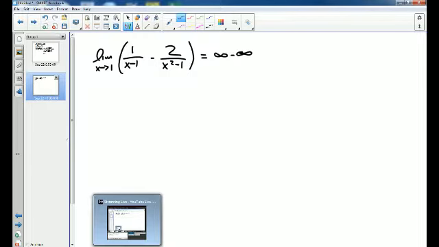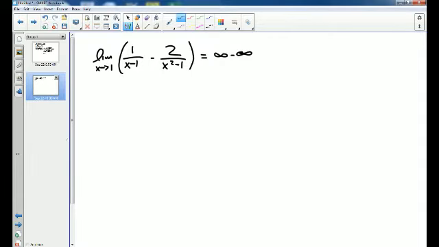Now I can algebra it, because that's an indeterminate form. Any thoughts on these two? If you were in pre-calculus, what would you do with these two fractions? You combine them with a common denominator.